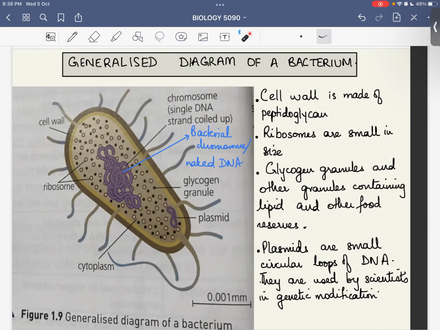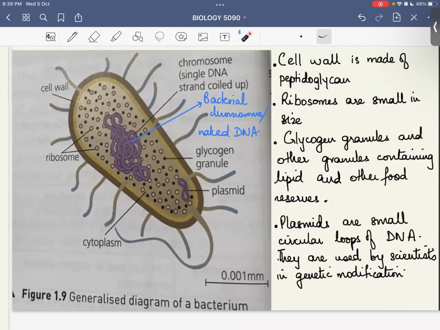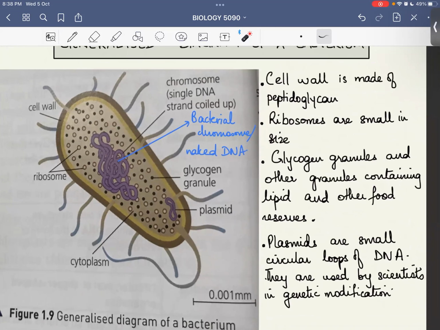And then there are ribosomes, which are small in size, and they're surrounded by glycogen granules, which contain glucose and other lipids and food reserves as well. Then there are also plasmids, which are circular loops of DNA, and they're used by scientists for genetic modification. And there are other types of DNAs as well. Like there's a strand of chromosomes, and then there's a bacterial chromosome just lying in the middle there, which is also naked DNA.